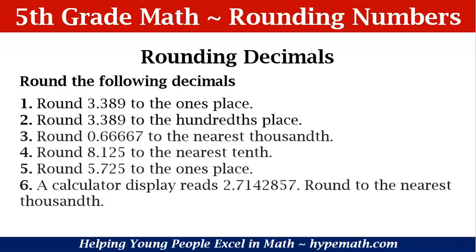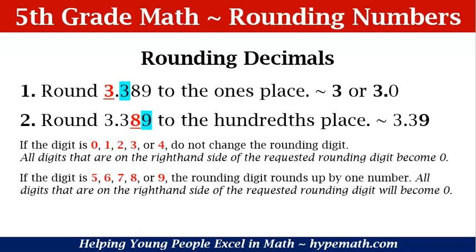So let's look at our examples. For number 1, we are rounding 3.389 to the ones place. There's a 3 in the ones place value. In order to determine what that 3 will become, will it stay the same or will it round up, we must look to the number that is immediately to the right.